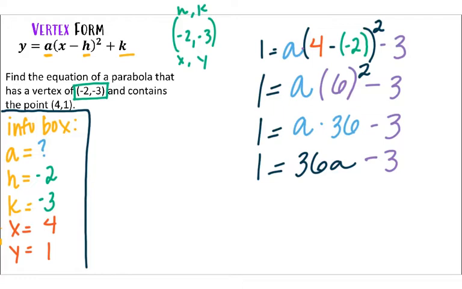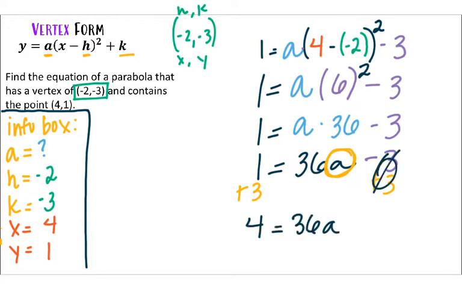And we've done a lot of simplifying here. The next thing that we have to do is to isolate our a value, because we're trying to solve for a. What we will do is add 3 to both sides. 1 plus 3 should give me 4 is equal to 36a, because there's my zero pair. And then lastly, to get rid of the multiplication between the 36 and the a, remember that we inverse that by dividing.